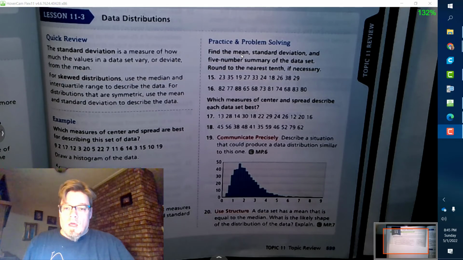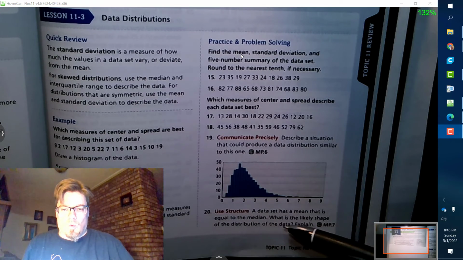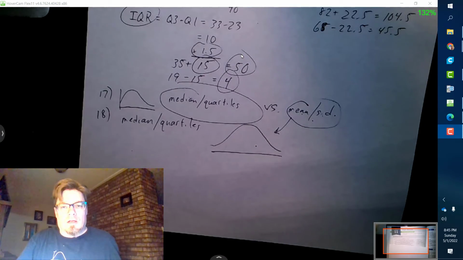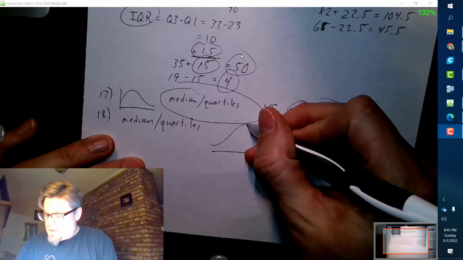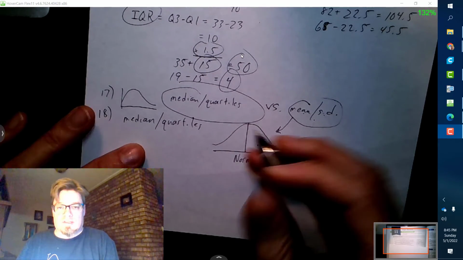Finally, number 20: a data set has a mean that is equal to the median. What is the likely shape of the distribution of the data? If the mean equals the median, then what you have is a normal curve. I'm just going to use this picture here.